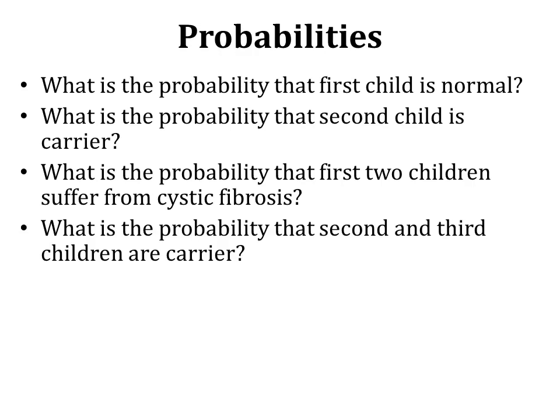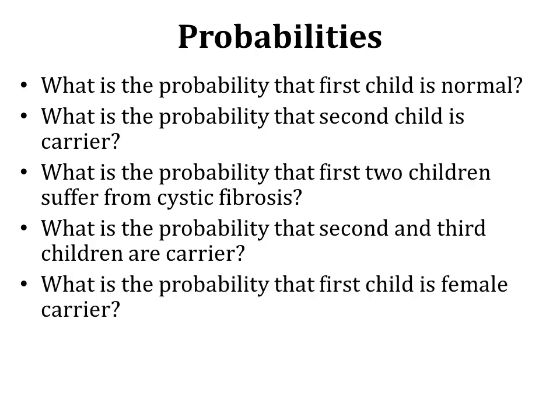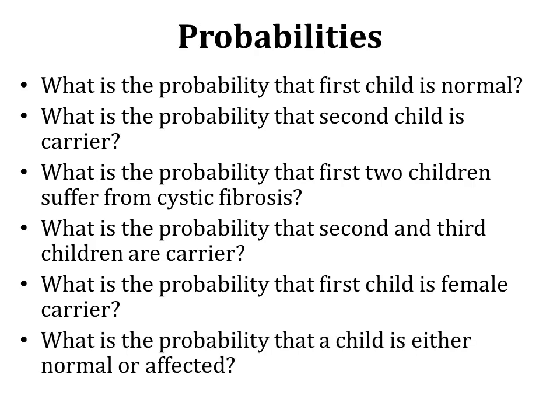The fourth, what is the probability that the second and third children are carriers? The fifth, what is the probability that the first child is a female carrier? And the sixth, what is the probability that a child is either normal or affected? All of these relate to the calculation of probability, either simple or compound. Now we are going to see the answers one by one.